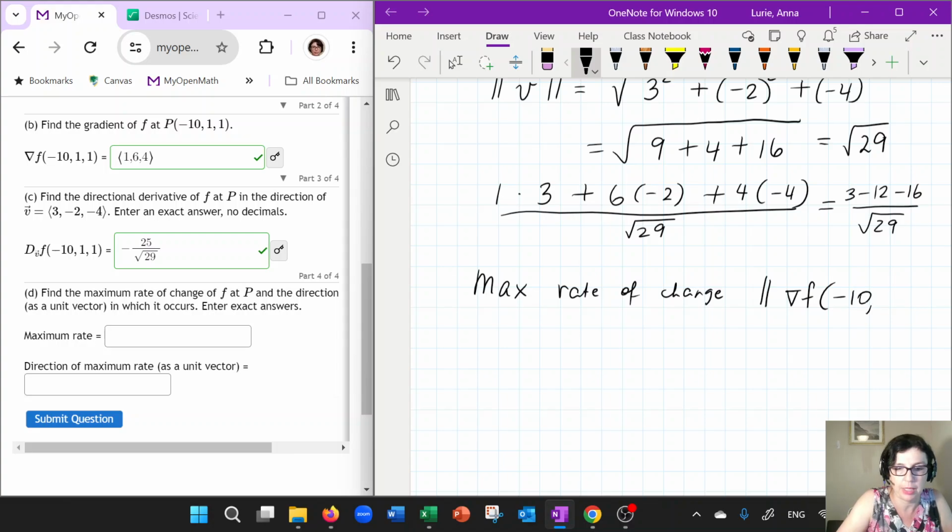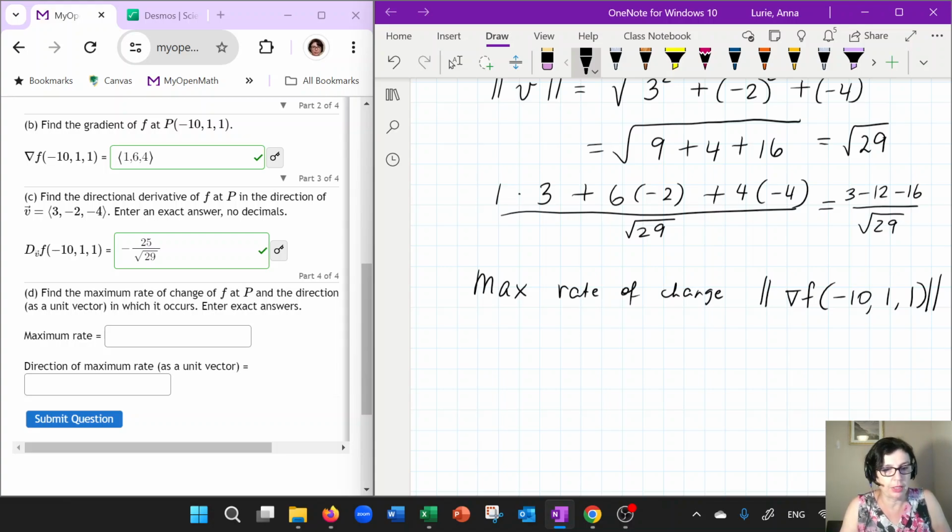What you have to be very, very careful of is that you do not involve your computations connected with vector v and its magnitude and dividing by it and all of that. This had nothing to do with part D, because part D is just asking in which direction it will be the maximum. It has nothing to do with that specific direction, which will likely not be the maximum.